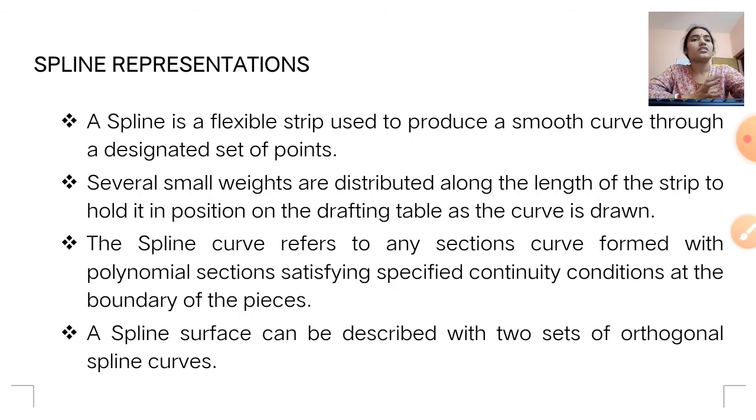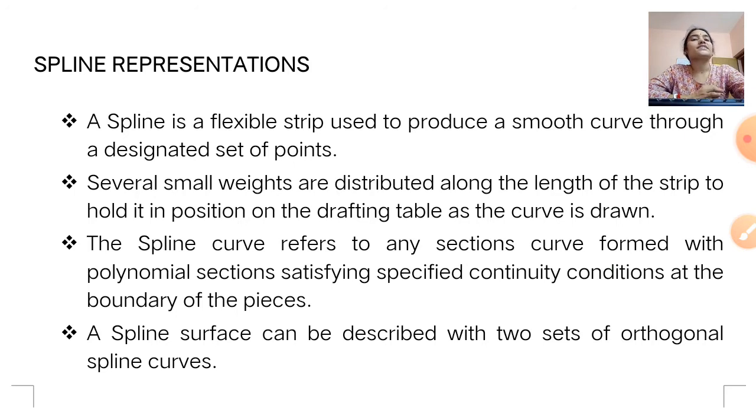Several small weights are distributed along the length of the strip to hold it in position on the drafting table as the curve is drawn. That means spline representation is also a type of curve.